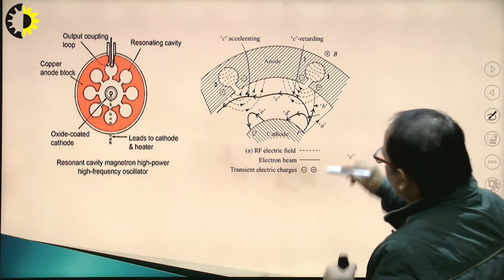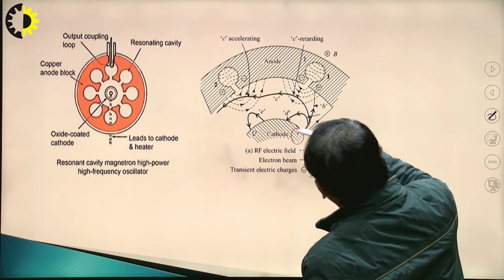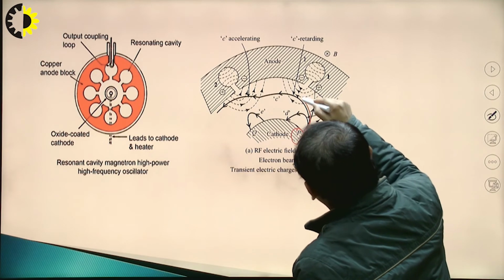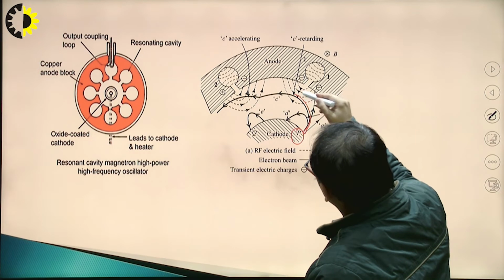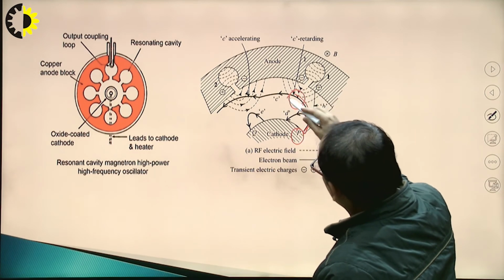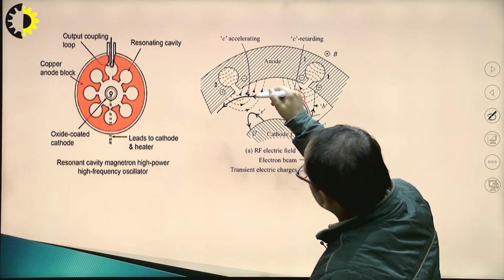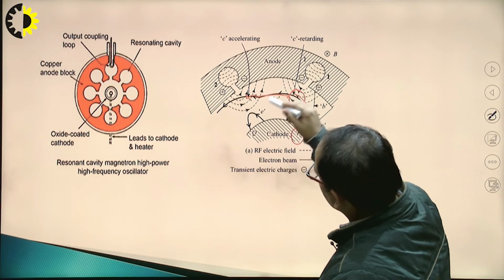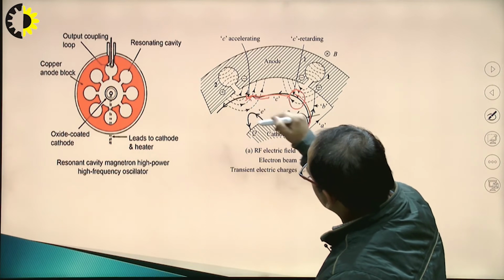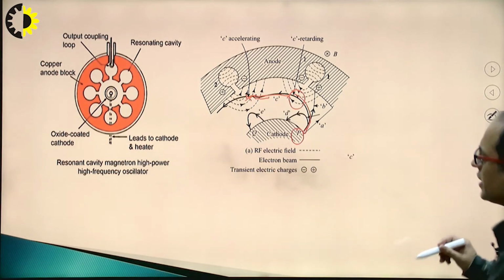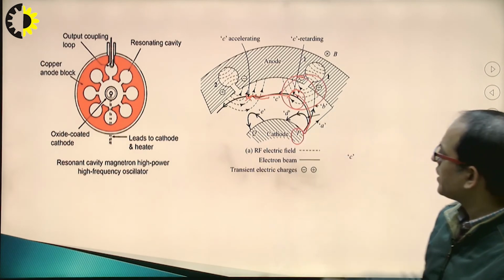When this electron is emitted from the cathode, it will accelerate in the accelerating field, and then it will be further accelerating in this field. Now the acceleration and deceleration due to this field will create a bunch.